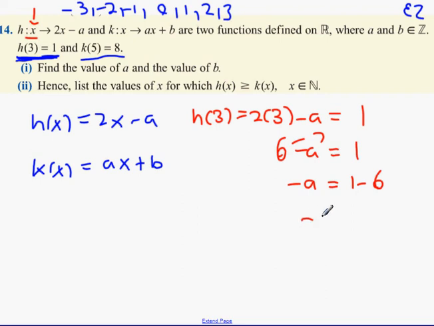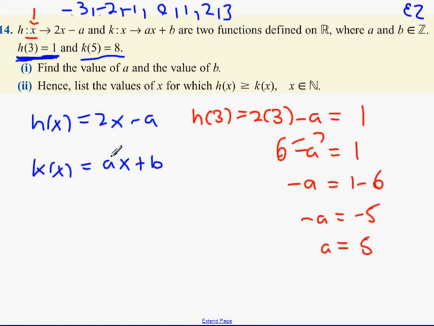Minus a equals minus 5. a will equal, anybody? 5. It's the same question. This means that the a in both equations has to be the same value. You have to multiply both sides by minus 1 to get you to 5.